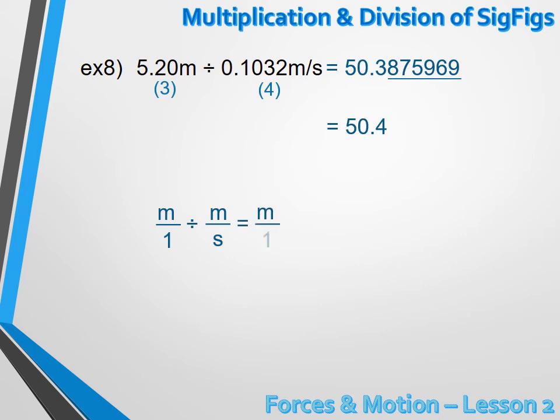So meters over 1 multiplied by meters over second becomes seconds over meters. And now I have a meters on the top and bottom that can factor out, and that will leave me with an s on the top and a 1 on the bottom, which is written as just s. So my answer is 50.4 seconds.